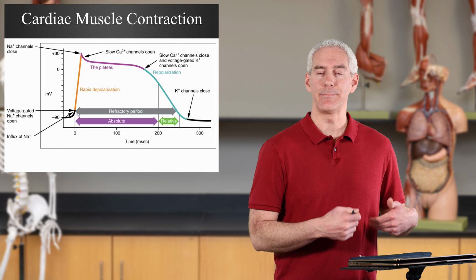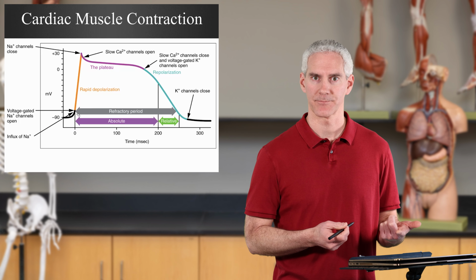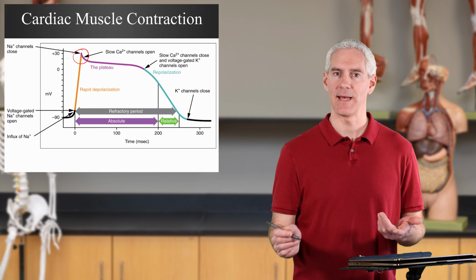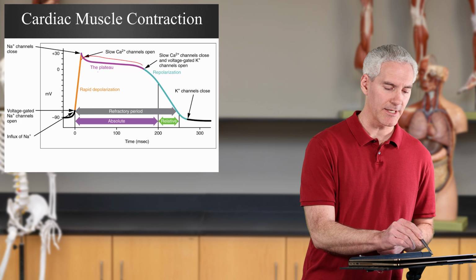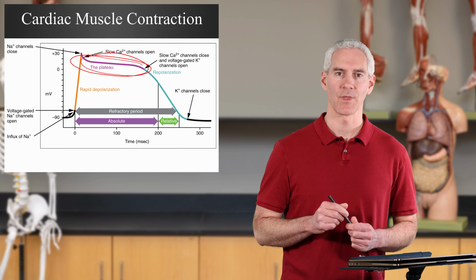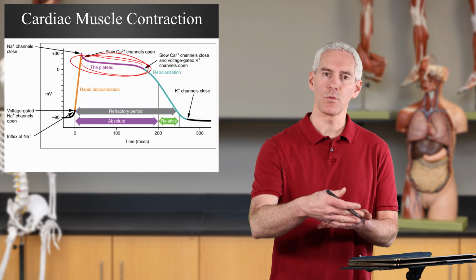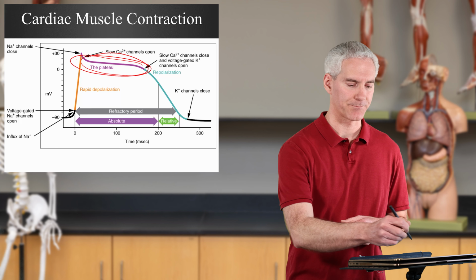We're still depolarizing based on the voltage-regulated sodium channels. But once we hit the peak, we're not simply just dropping back off. Instead now, what's happening is you have this entire plateau phase. Because the calcium channels are still open, calcium is slowly moving in. So you're still having contraction occurring.